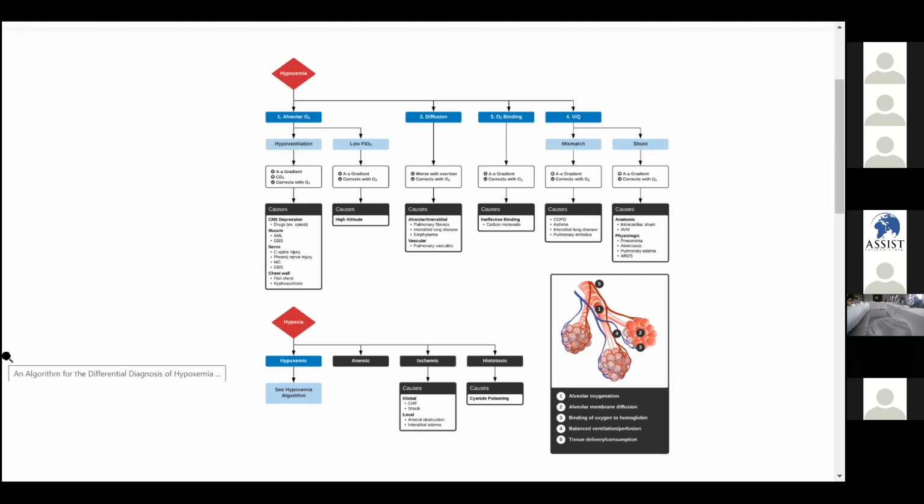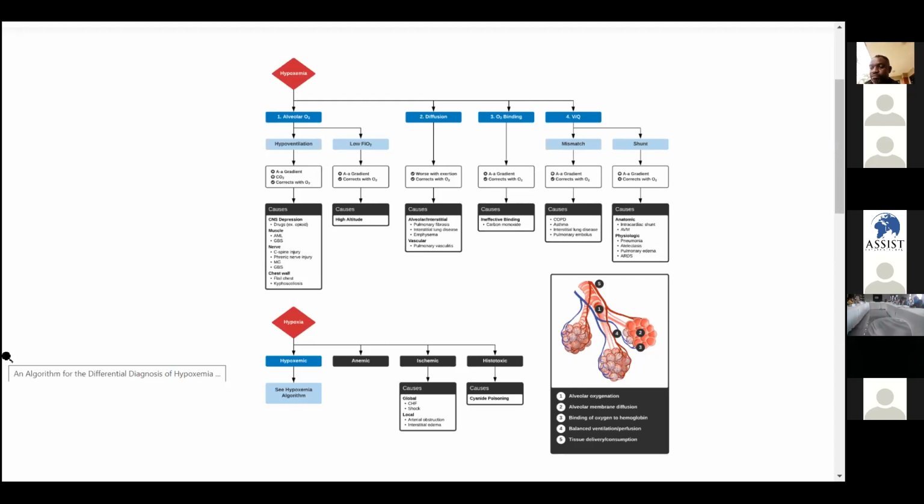So there's a reduction in the amount of oxygen available for ventilation or diffusion. That can occur if there's low atmospheric oxygen or the patient is not breathing adequately, the patient is hypoventilating. And then you have several other causes that may reduce the availability of oxygen in the lungs.